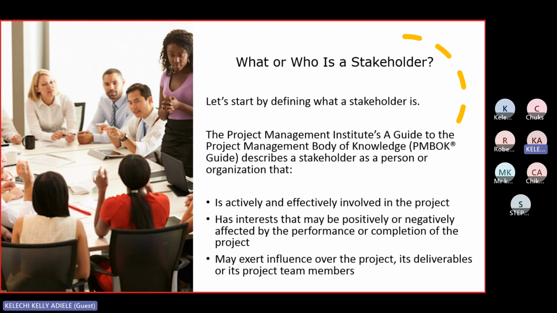So a stakeholder is actively involved, has interest, and has influence. That's who stakeholders are. It's important you know, because as a BA, one of the requirements you're going to be gathering is stakeholder requirements.